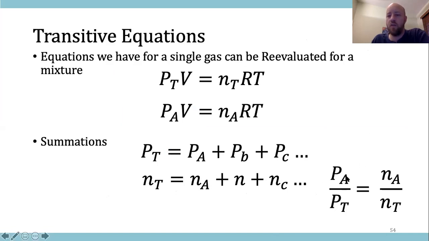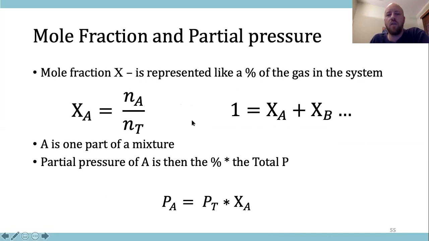The partial pressure over the total pressure also equals the number of moles over the total moles in the system. We can apply the partial pressure through the ideal gas law, or you can use the total value for the ideal gas law. There are a lot of equations, and it's just a matter of sorting out which ones you need to use.